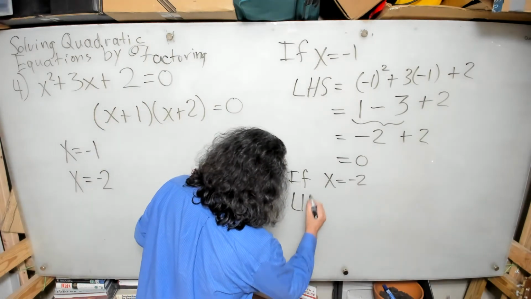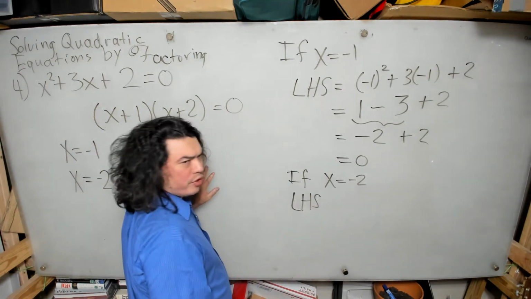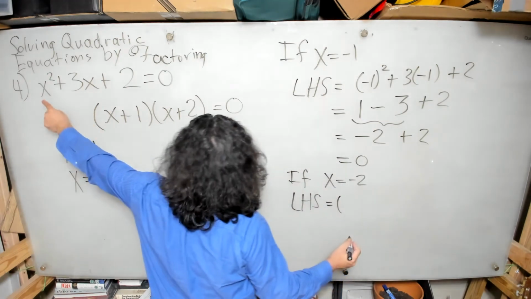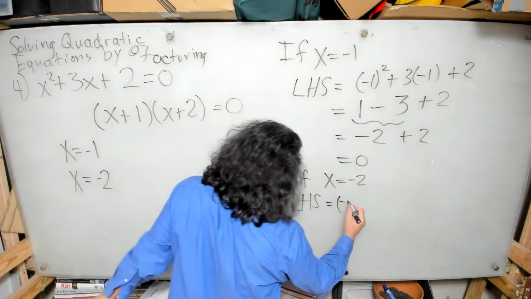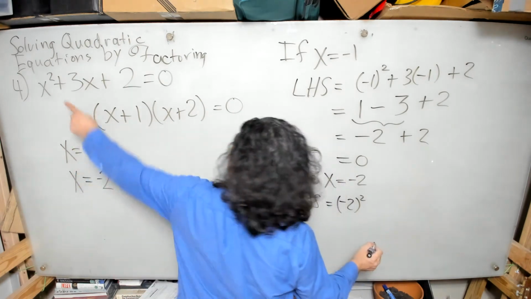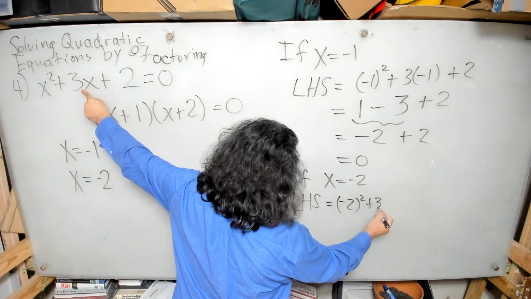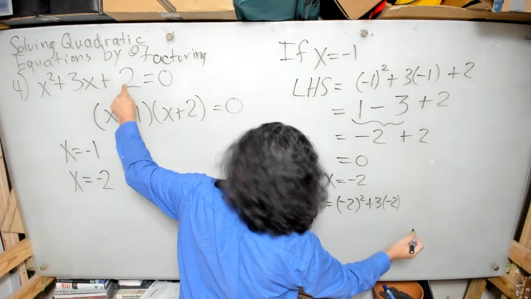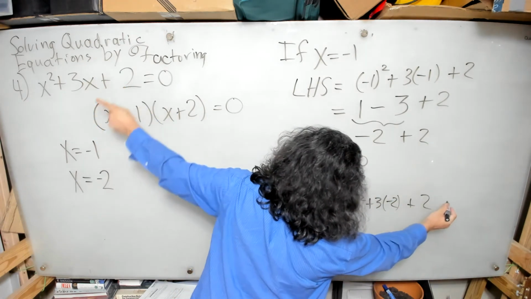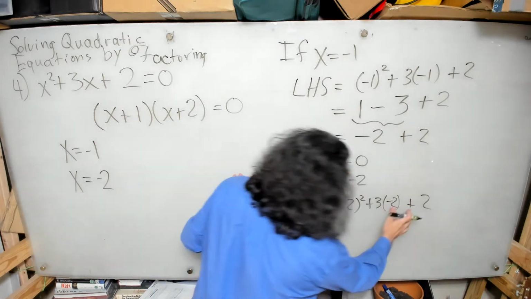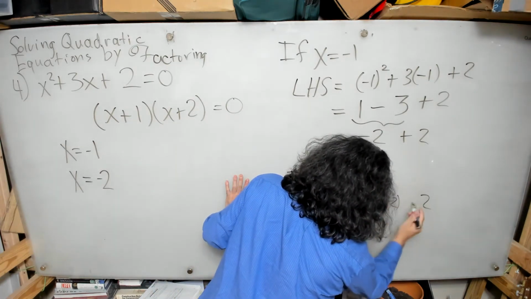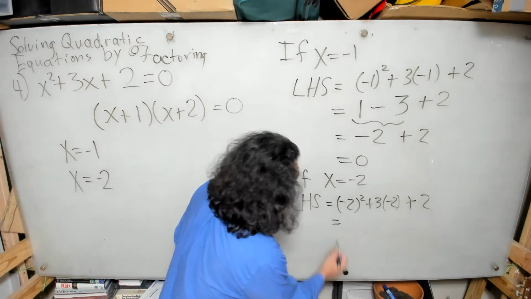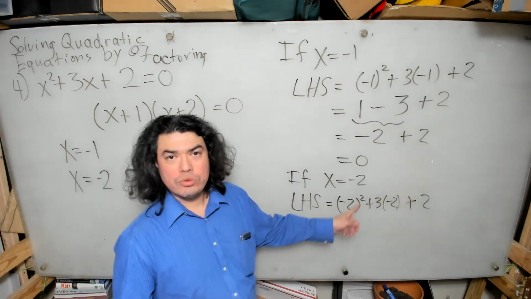So the left-hand side of our equation, which we abbreviate as LHS for left-hand side, is equal to negative 2 squared, okay, plus 3 times negative 2 plus 2, and then we're going to simplify this. Okay, let me fix this here. Beautiful, perfect. So now we need to ask the question, what is negative 2 squared?